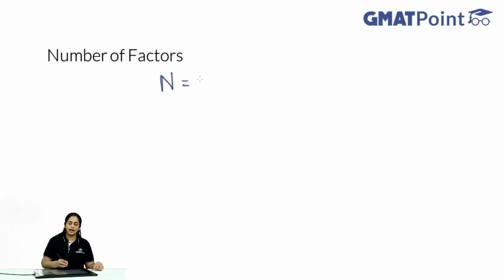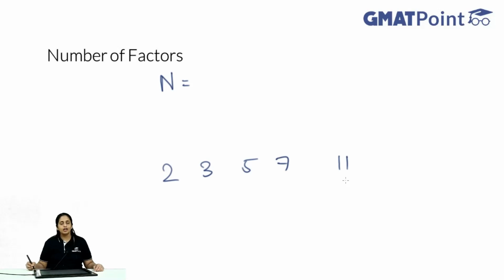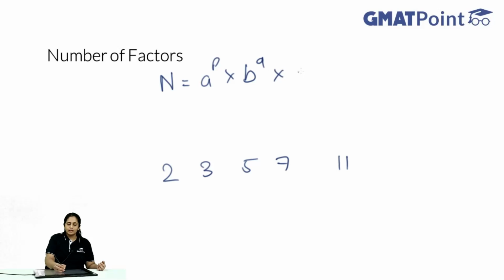The prime numbers are 2, 3, 5, 7, 11, etc. So you convert it into a product of prime numbers, say a raised to p into b raised to q into c raised to r and so on, where a, b, c are prime numbers.